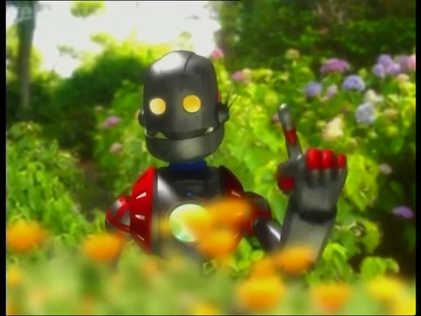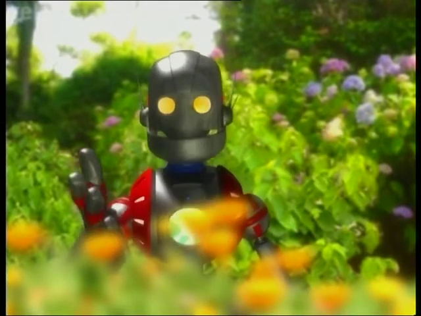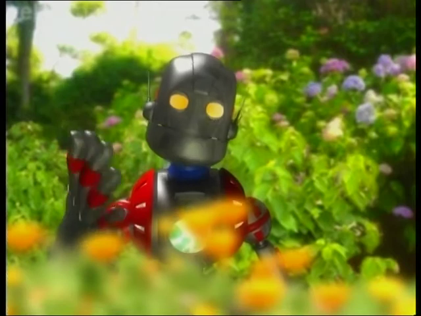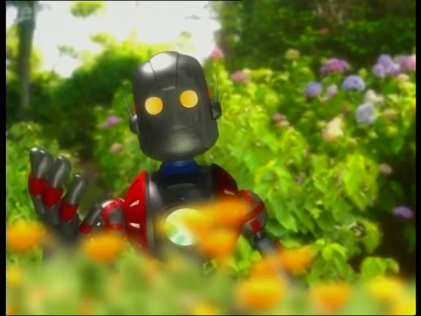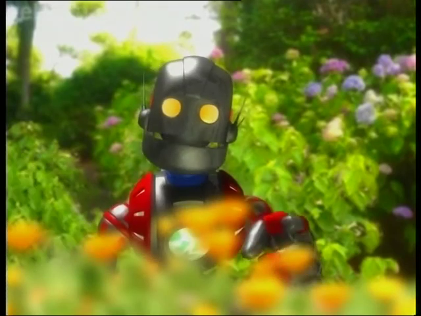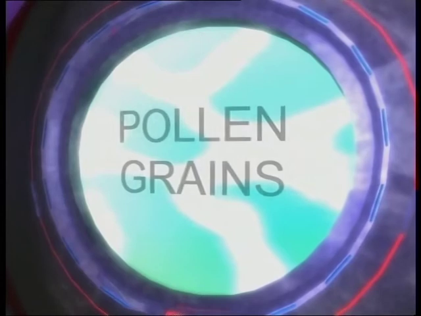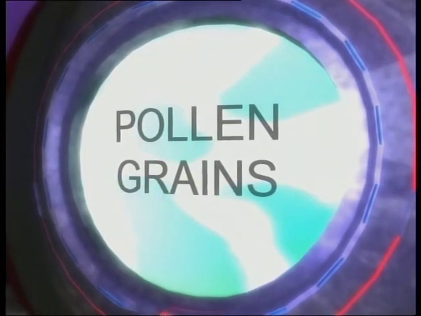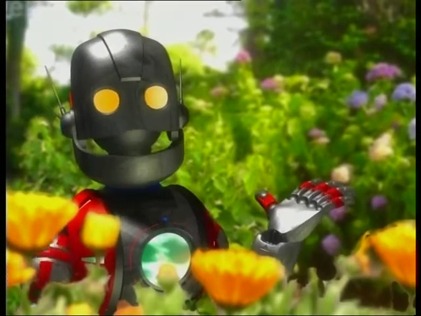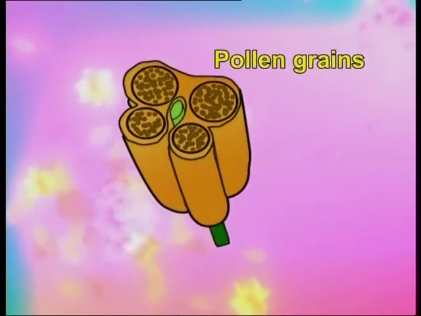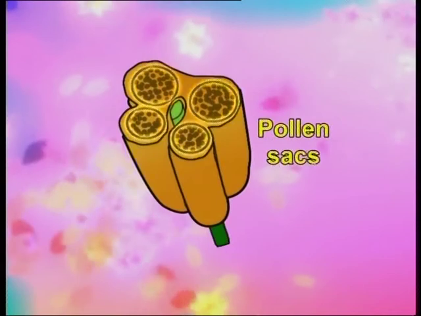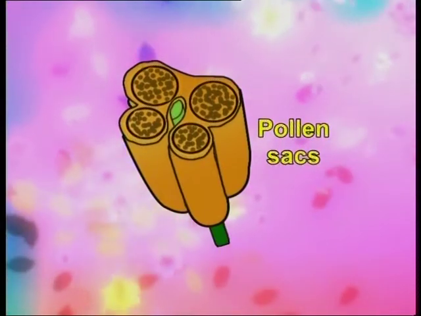Wow! This is like snow. Golden, yellow snow. Yes, this is the pollen grains I told you about. Do you know what pollen grains are? Well, pollen grains are formed in the pollen sacs, and they are released when the anthers mature and split open.